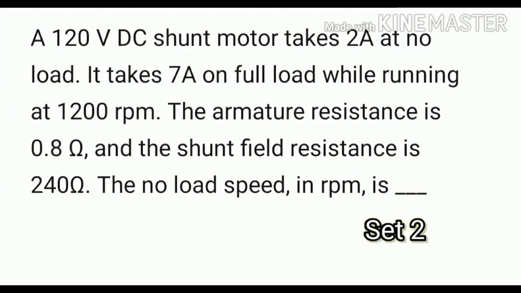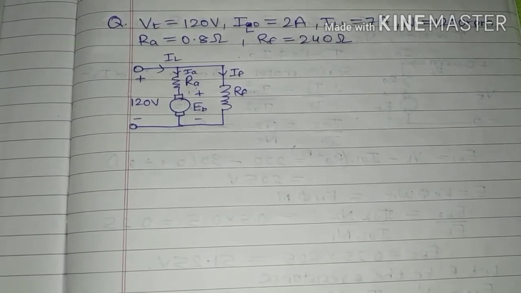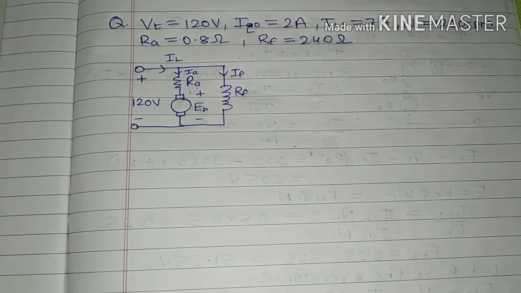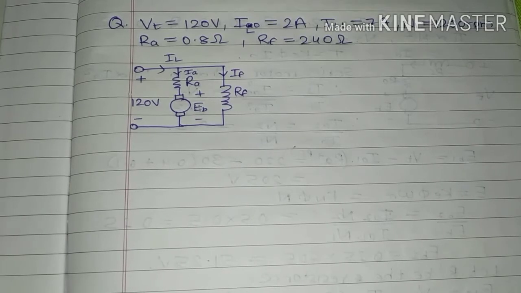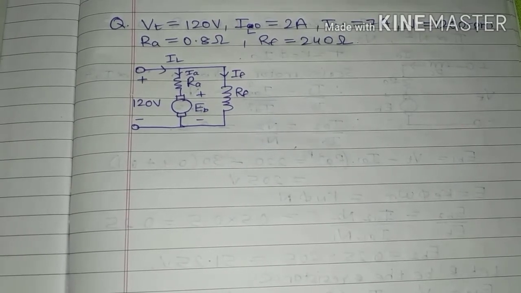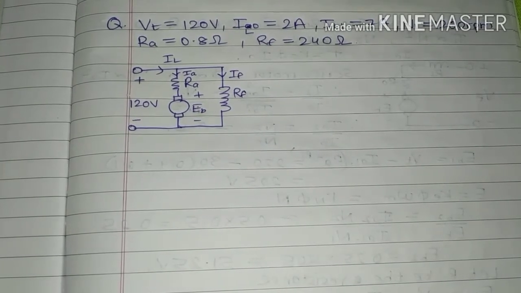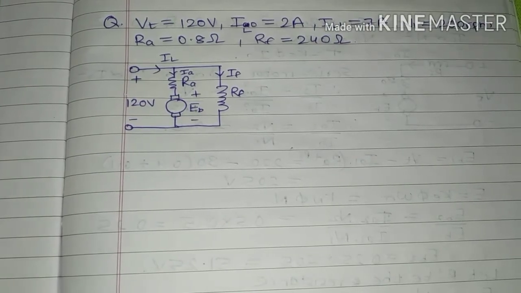In this question, we have to find out the no load speed in RPM. Here, IL0 is equal to 2 ampere is the no load current, IL1 is equal to 7 ampere is the full load current, and this is the circuit diagram of a DC shunt motor.